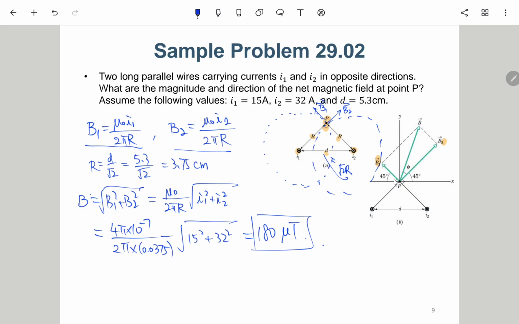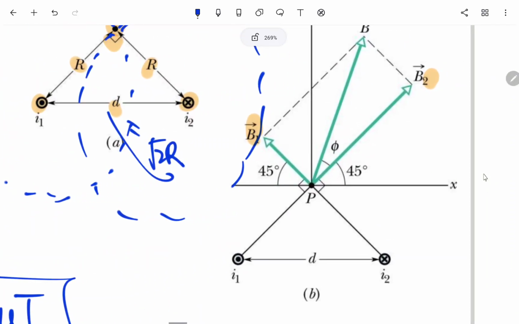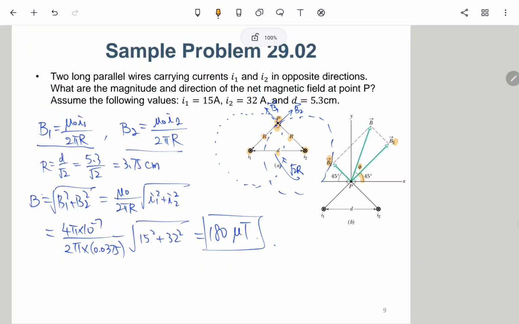Because we already know this one and this one should be perpendicular to each other, we will use the Pythagorean theorem to get the magnitude of the overall B field. Here we can also find the angle. This is phi, and then we also know that this is 45 degrees, so that we can add them together to answer how many degrees the B field is compared with the positive x-axis.